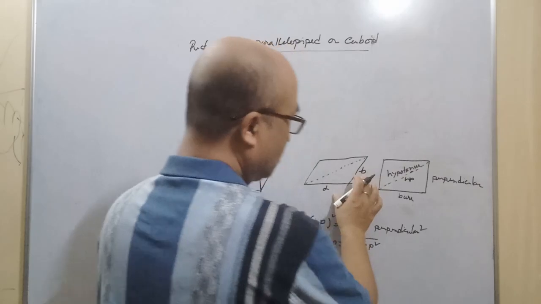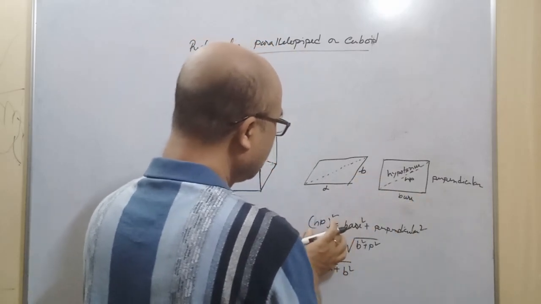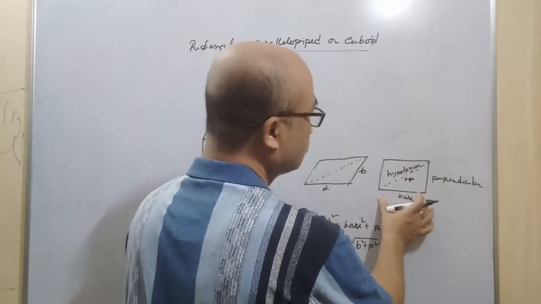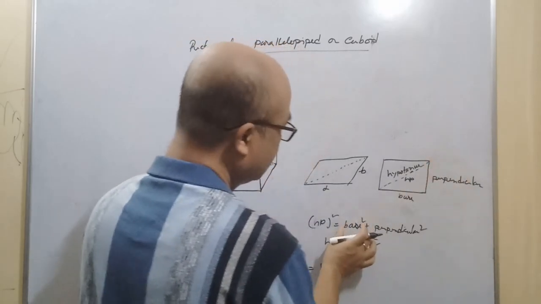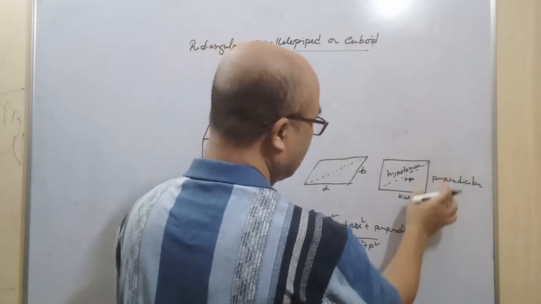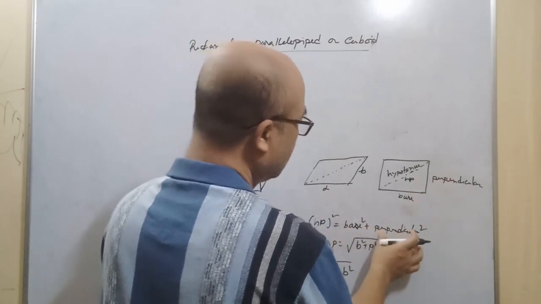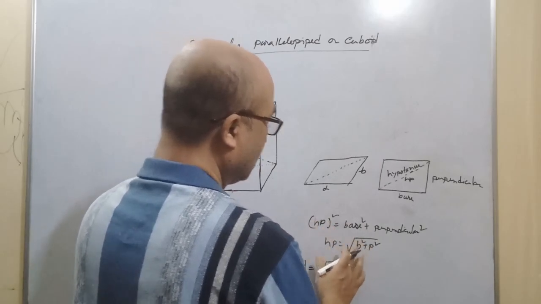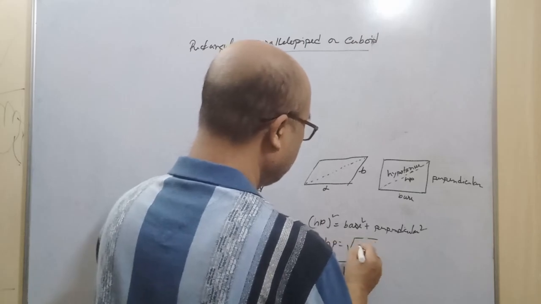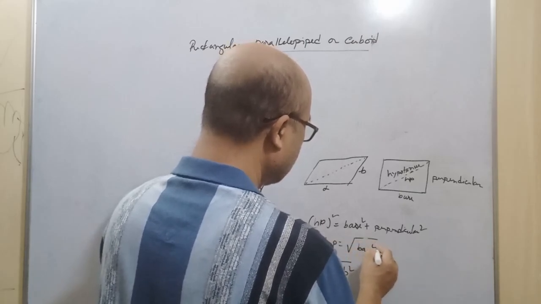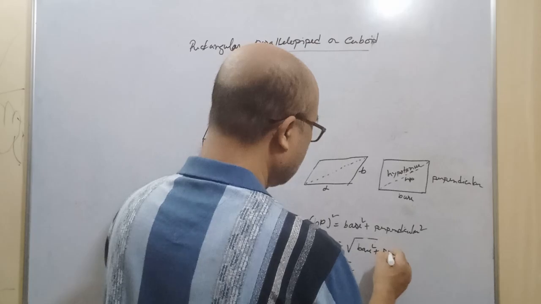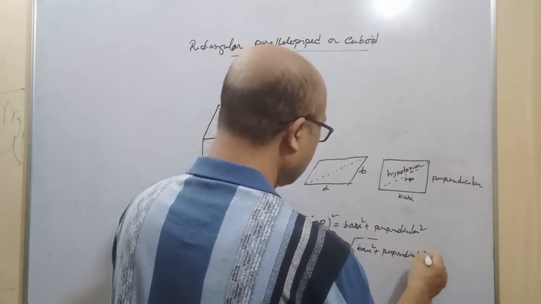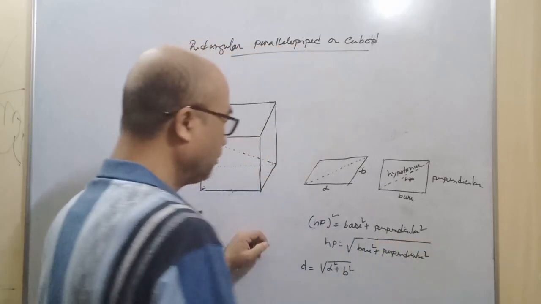So these are just labels, okay? Basically, hypotenuse square is equal to this length square plus this length square. This length is base and this length is perpendicular. So base square plus perpendicular square is equal to hypotenuse square. So hypotenuse is again the square root of base square plus perpendicular square.